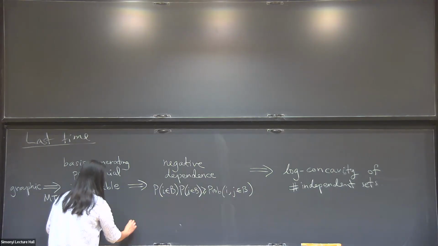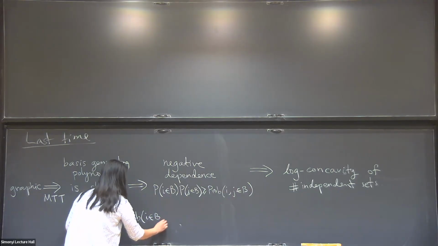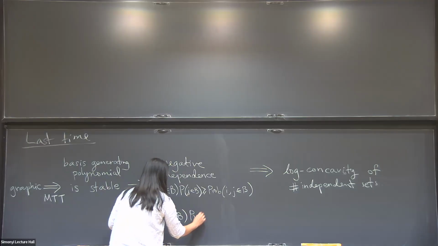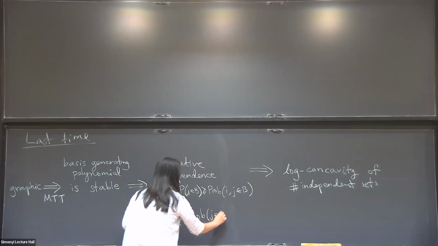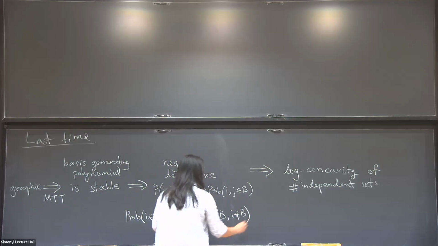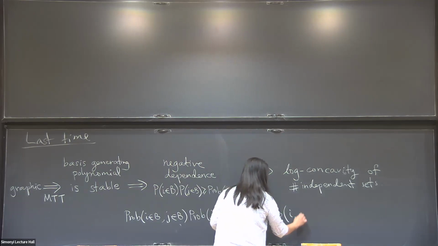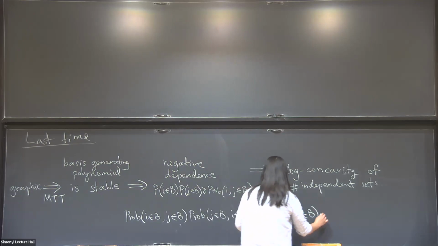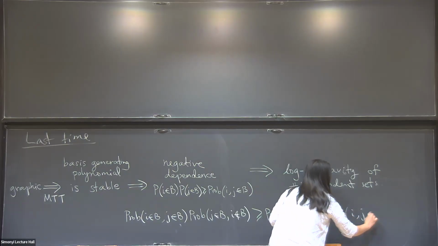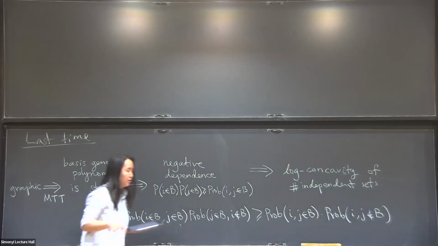So instead of writing it like this, I could write probability of I in B, J not in B, times probability of J in B, I not in B, is going to be equal to the product of both I, J in B, times the probability of neither being in.